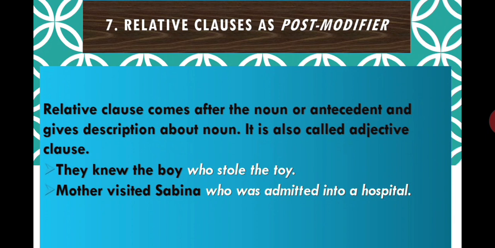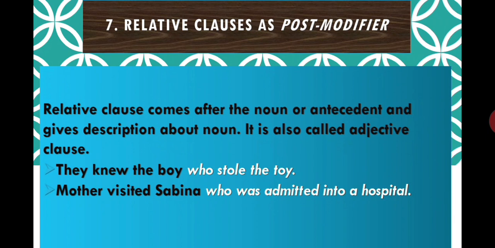Relative clause as post modifier. A relative clause comes after the noun or antecedent and gives description about the noun. It is also called an adjective clause. Look at the example. They knew the boy who stole the toy.